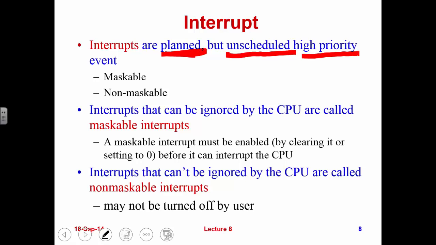The maskable interrupts are not as serious as non-maskable. Maskable because, like when you put a mask on your face, you pretend you don't know. So it can be ignored by the CPU, or the CPU decides whether to ignore it or not. This type of interrupt is called maskable.